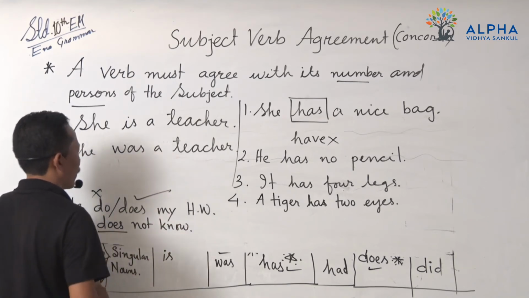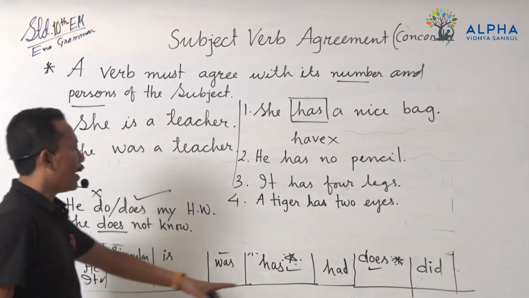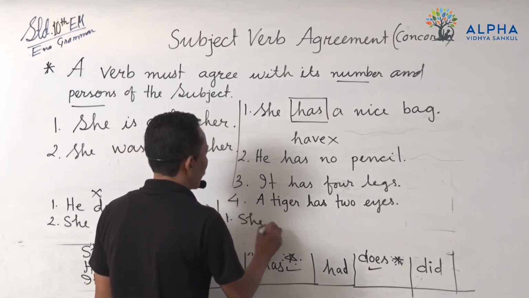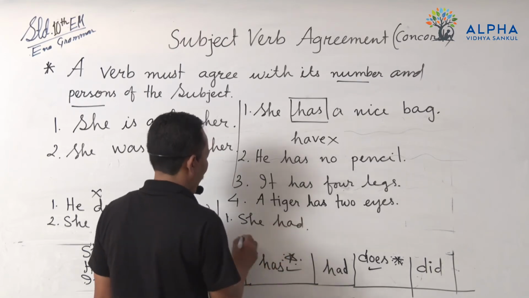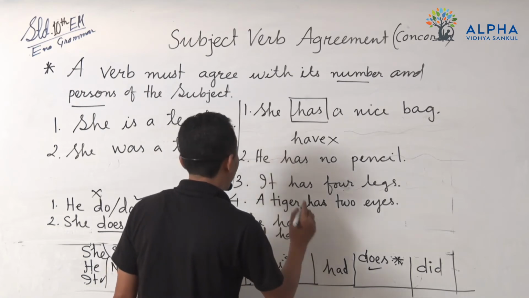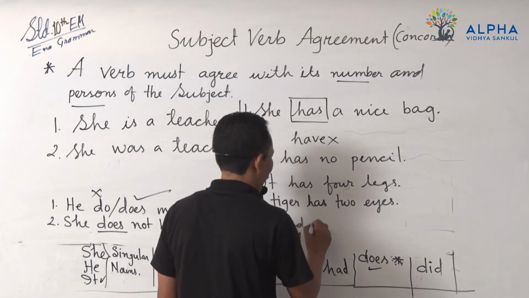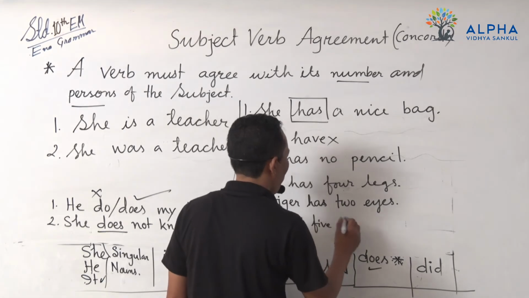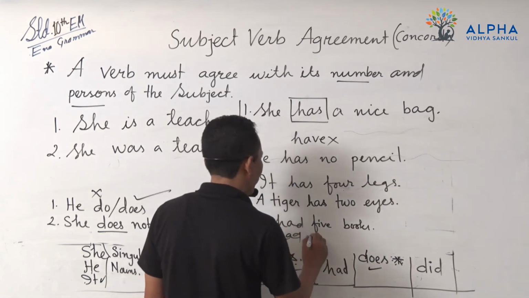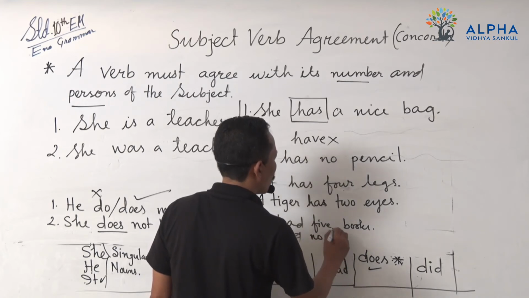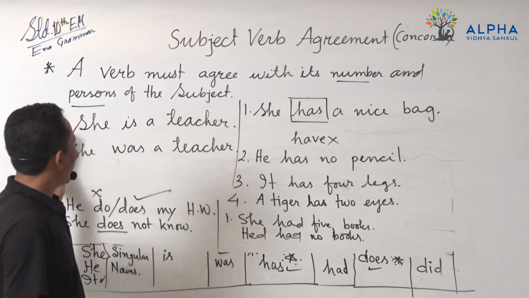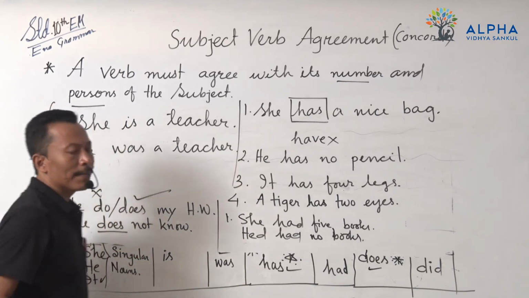Here, "does." But for the past, students, we can use "had" for she, and he also, we can say "had." She had 5 books. She had no books. That is why, students, this is the basic rule number 2.